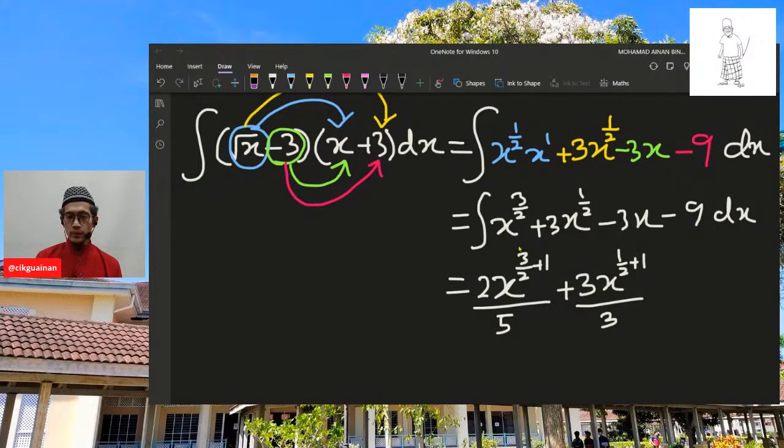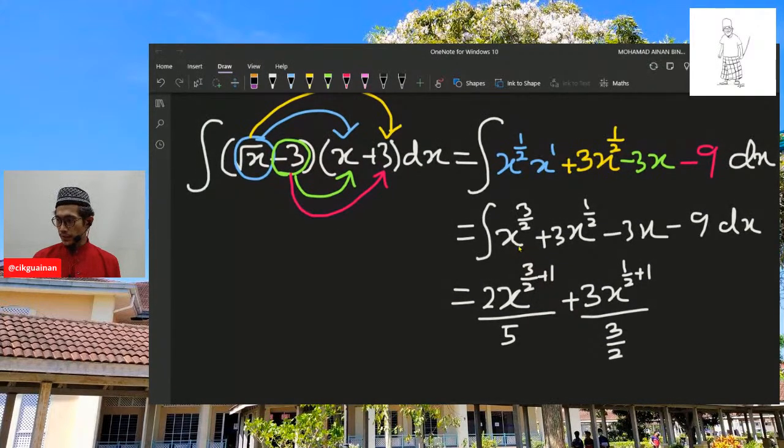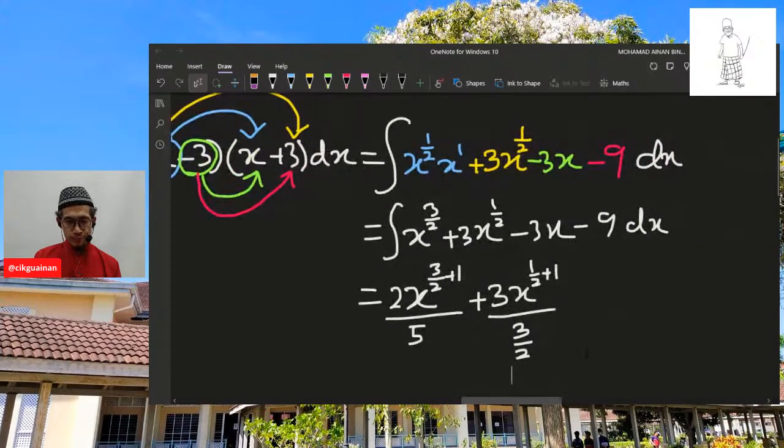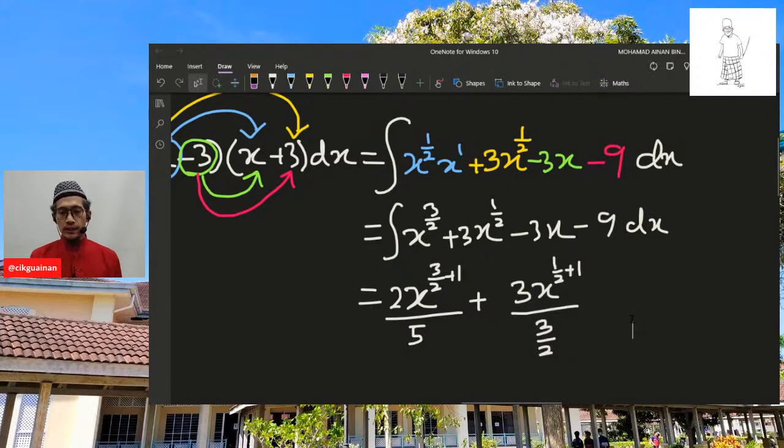Alamak, it doesn't fit. Okay, I write over 2 over here first. Like this. I bring it over here. Now, 3 over 2. Since over 2 is over there, we multiply over here. Over 2, like that.